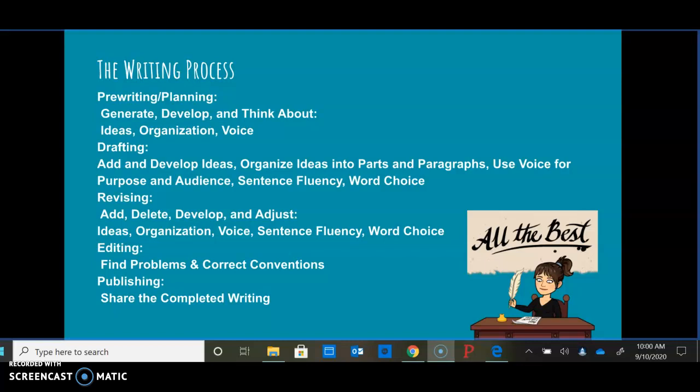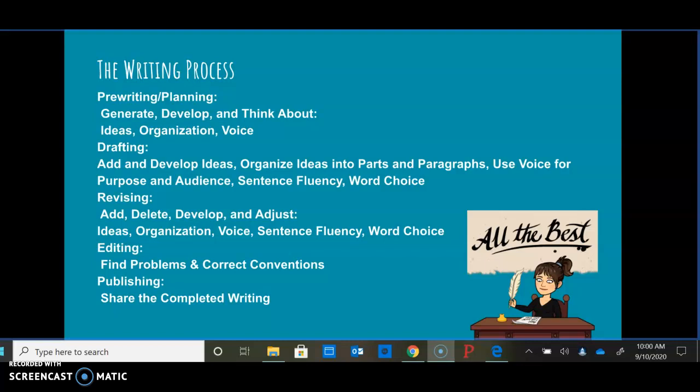This is where you add and develop your ideas, organize your ideas into parts and paragraphs, and how you're going to, what your purpose is going to be, how you're going to present that to your audience, your sentence fluency, all that good stuff.